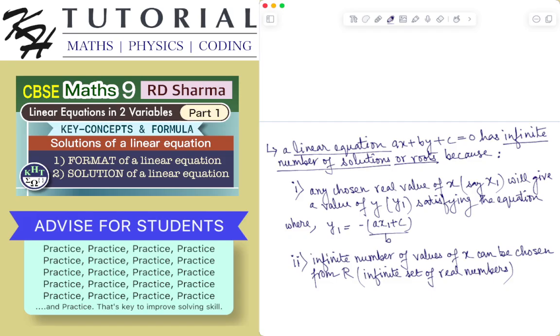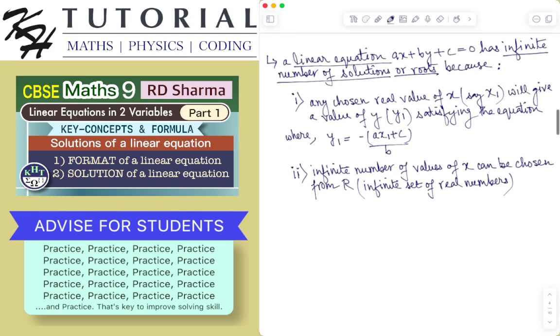Hence, we see that any given linear equation of the form ax plus by plus c equals to 0 will have infinite number of roots or solutions. For example, let's say the linear equation is given as 2x plus 3y minus 1 equals to 0, and we are asked to find a root of this linear equation.